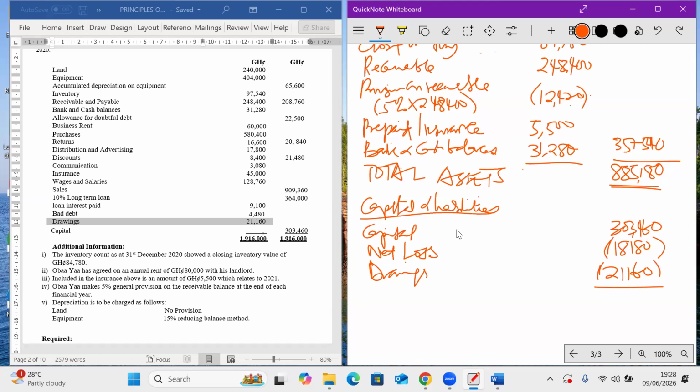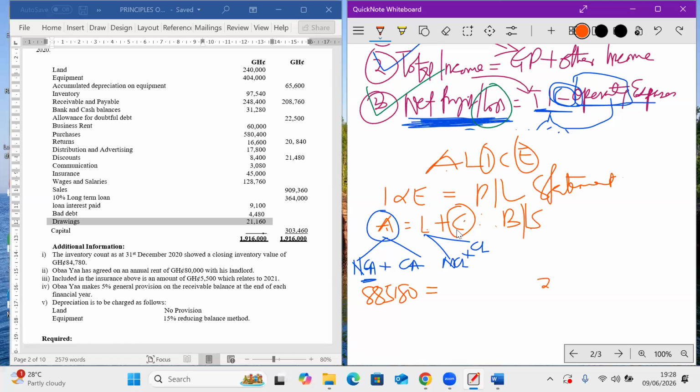Quick. 264,120. Now, this is the total capital. So we've gotten the capital. What do you get for the capital? 264,120.